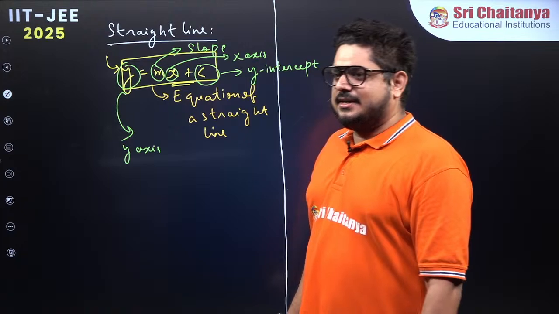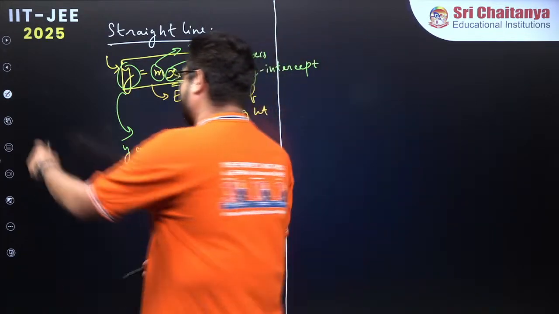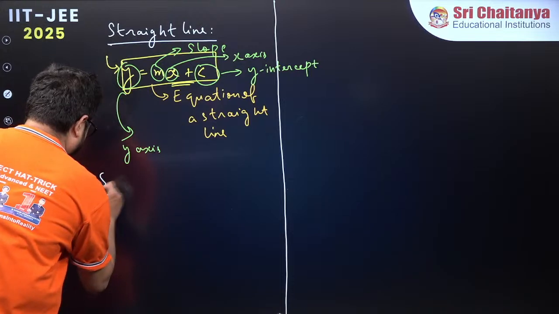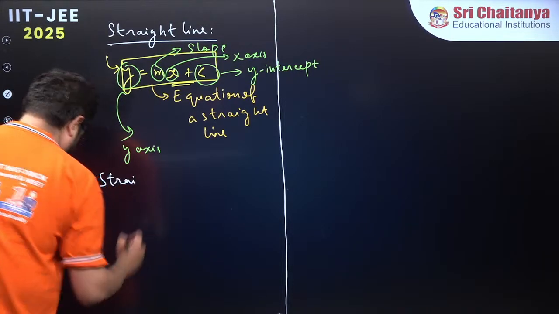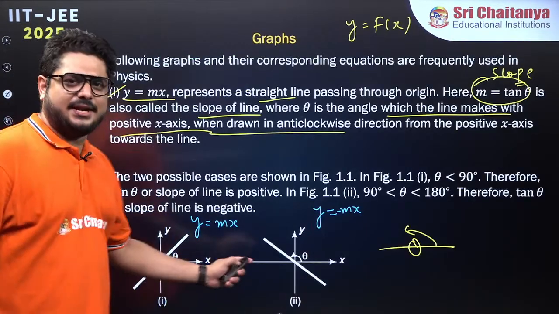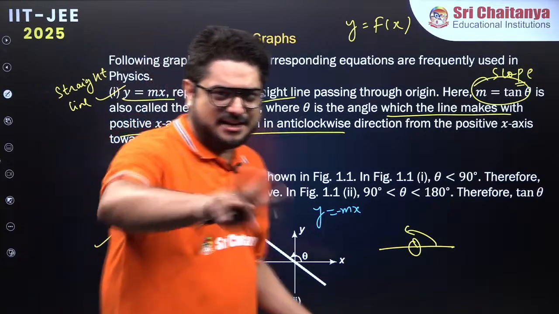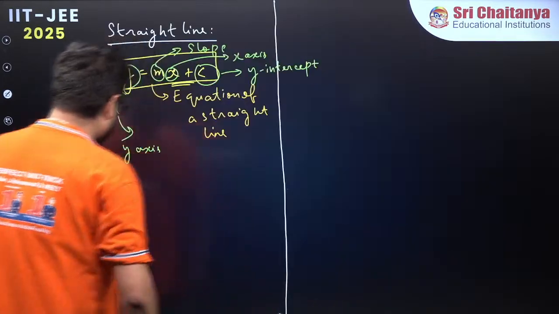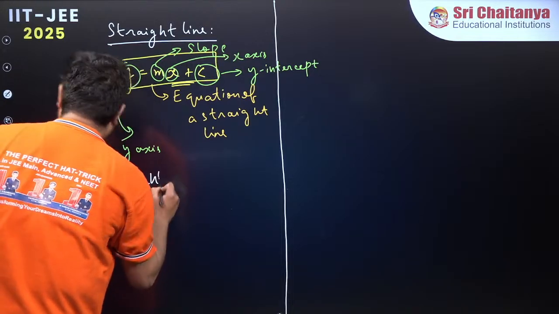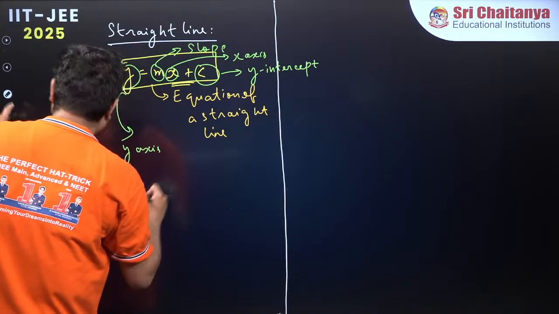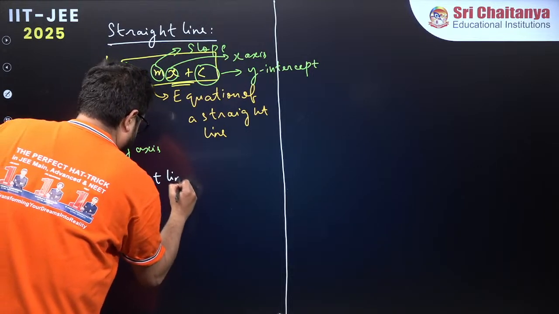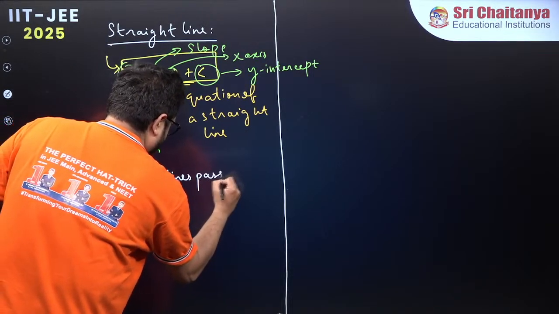Okay, so now let's try to know about this thing too. Three things. First, that is straight line passing through the origin. The diagrams which were being represented over here, these are two straight lines which are passing through the origin. So we will write down straight lines passing through the origin.